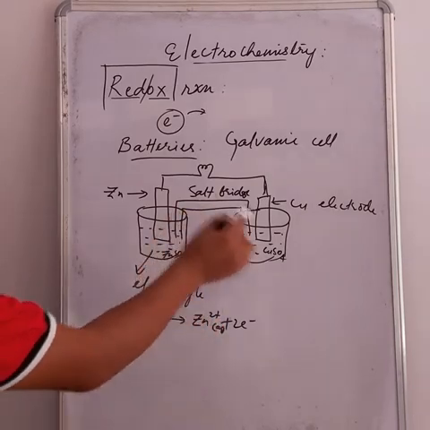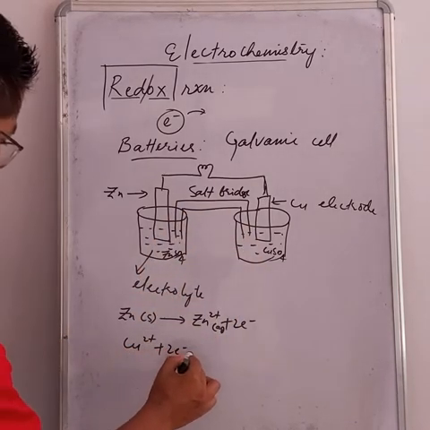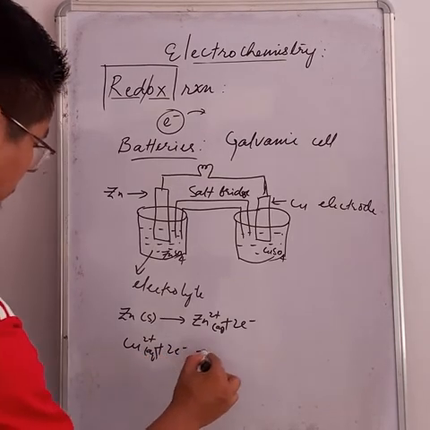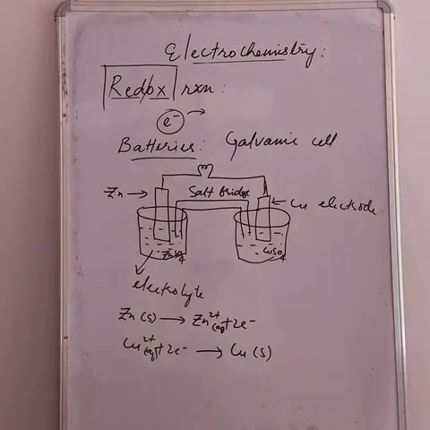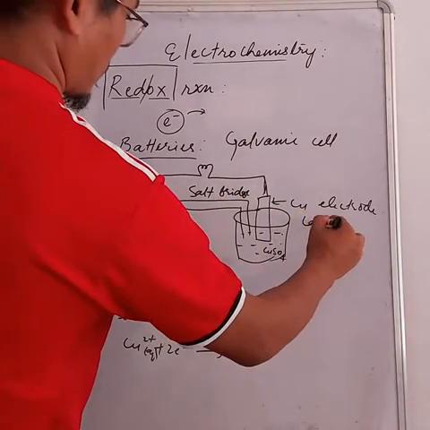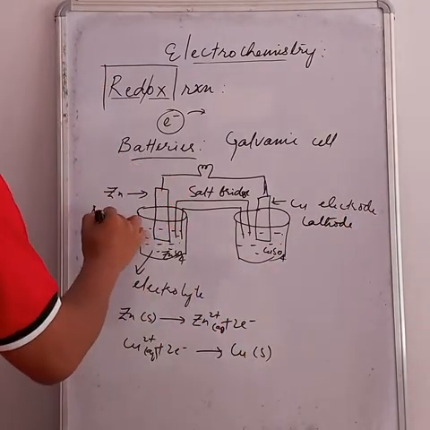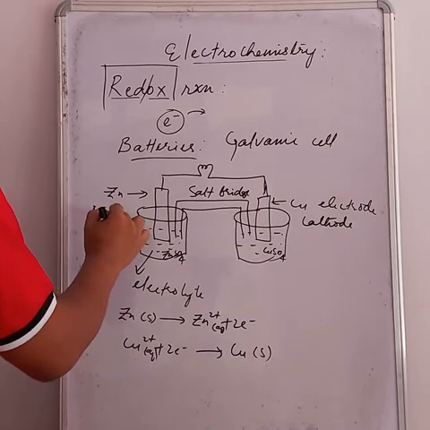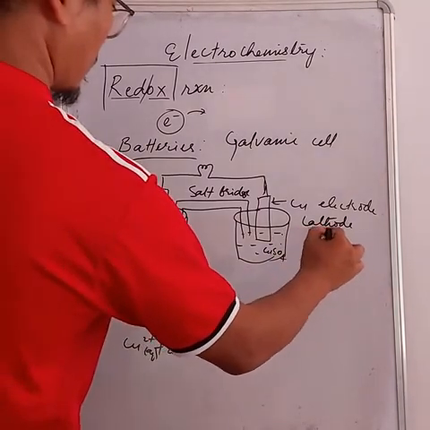So these two electrons get transferred, and you get copper solid. So this is the cathode, and this is our anode. Anode, negative terminal; cathode, positive terminal.